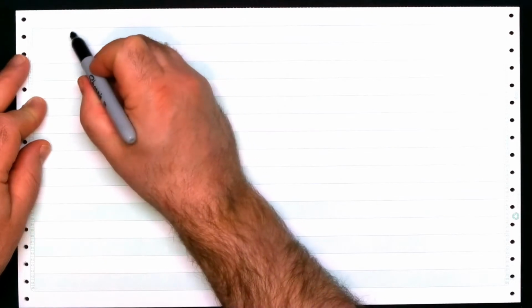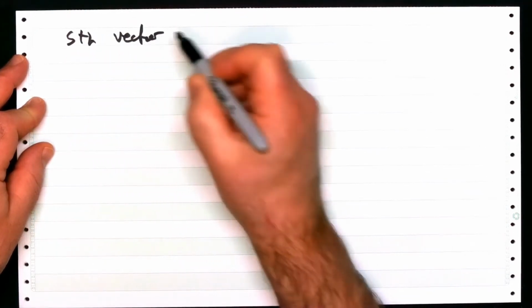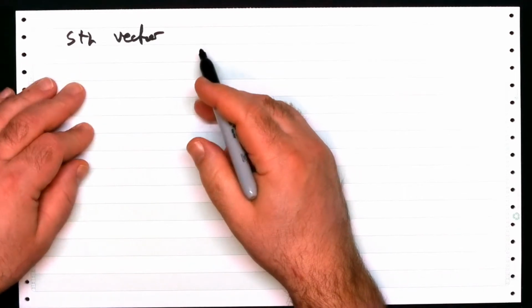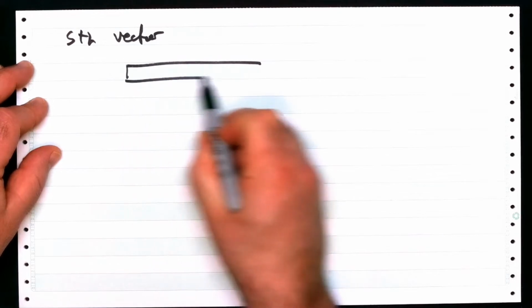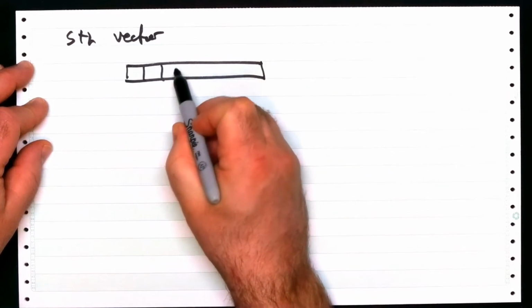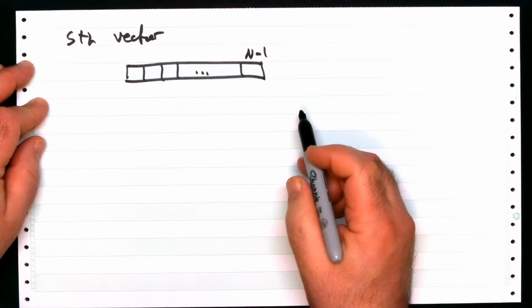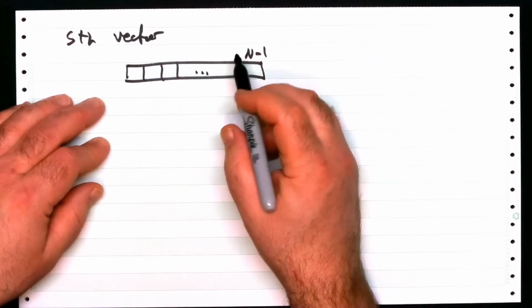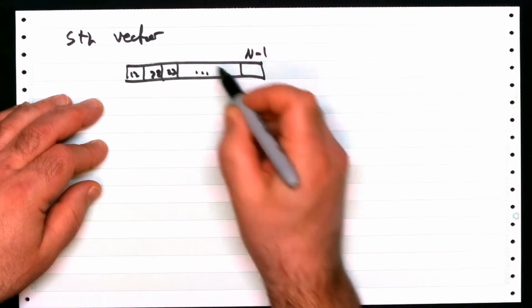So let's look at one more thing here before we start diving into the code. Along with size and capacity, let's say I have a vector like this. All right, let's say there's a couple of items in there, maybe a 12 and a 72 and a 23 and whatever, okay?